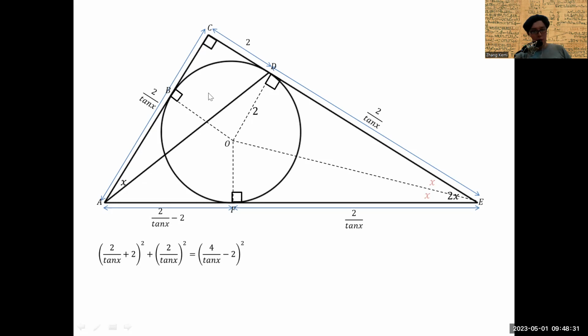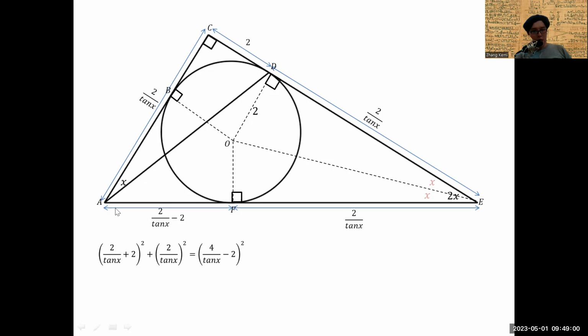It's because I'm taking the length CE. So the length CE is 2 plus 2 cotangent x. Notice, CD plus DE. So over here, we have (2 cotangent x plus 2) squared plus (2 cotangent x) squared, which is our length AC, equals (4 cotangent x minus 2) squared.